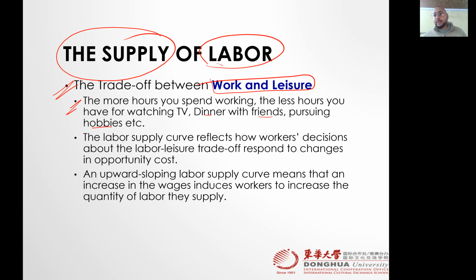So the supply of labor reflects how workers' decisions about the work-leisure trade-off respond to changes in opportunity costs. So supply is upward sloping. We talked about that. The more the wage offered to a person, the more his willingness to be a worker increases.